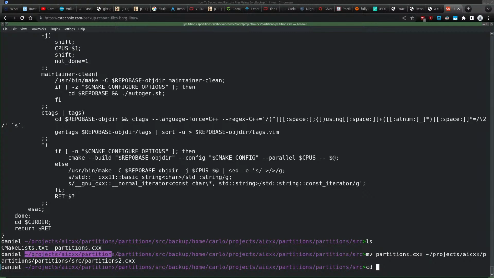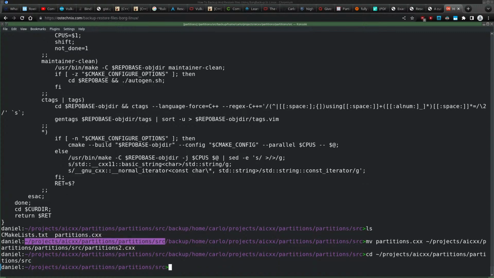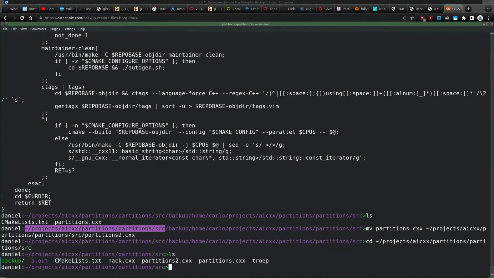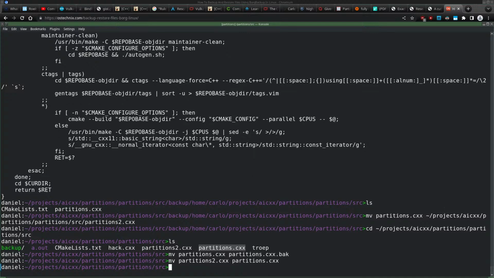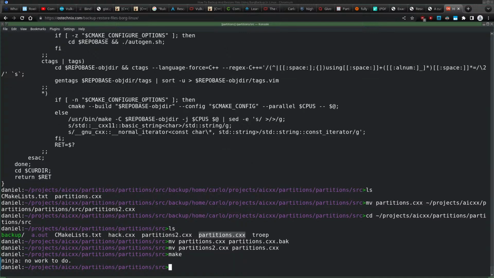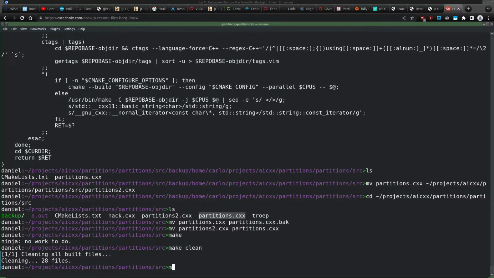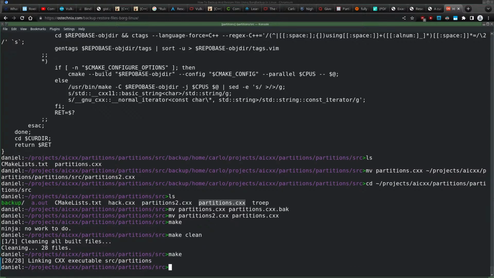Although I have a backup of that. Right here, right. So now we have a partitions 2. Let's make a backup of this one quickly, and then we move the old code to that place and I can recompile it. Nothing to work to do. Yeah, well, think again. No, I have work to do. Oh, that was a bit fast, but didn't want. That was very fast.